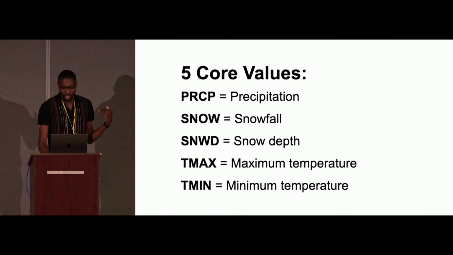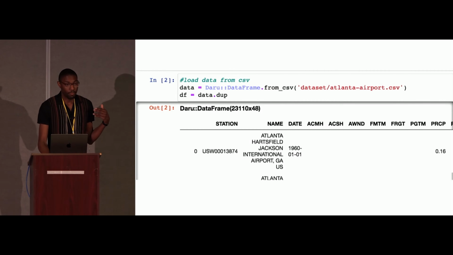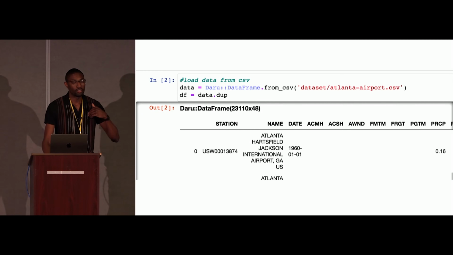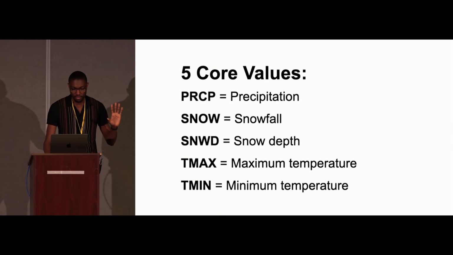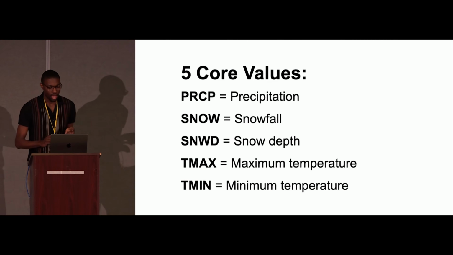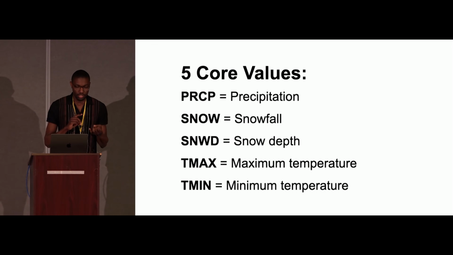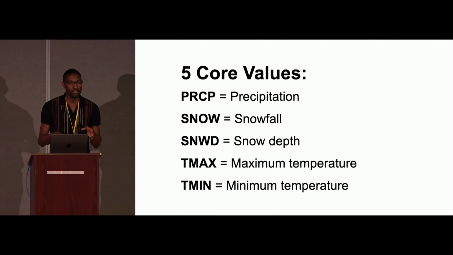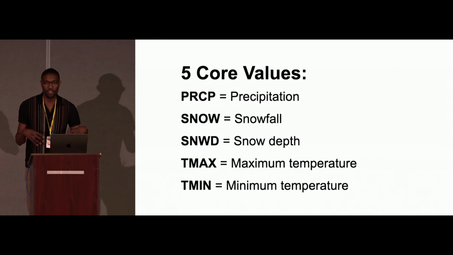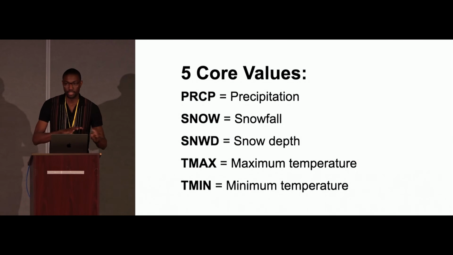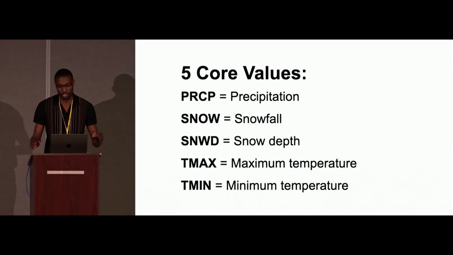I'm going to go up for a minute. I'm going to drop all the columns except 5. The data set that I got from the website shows that there are like 5 core values that they define. So I'm going to use these 5 core values to kind of simplify my project for this example, and I'm going to use these as the predictors to predict the future max temperature.